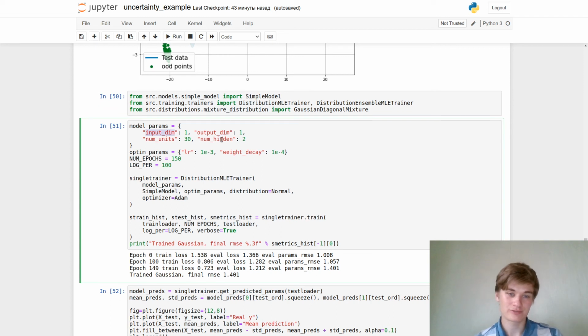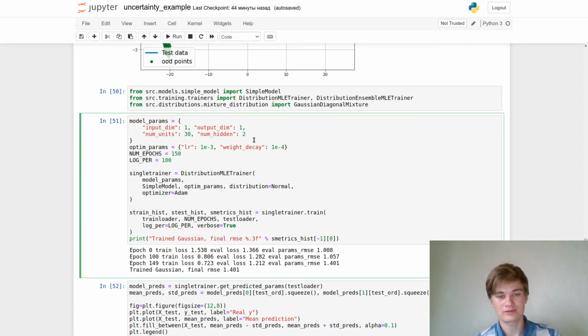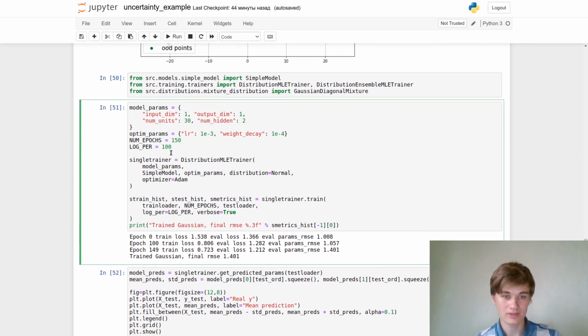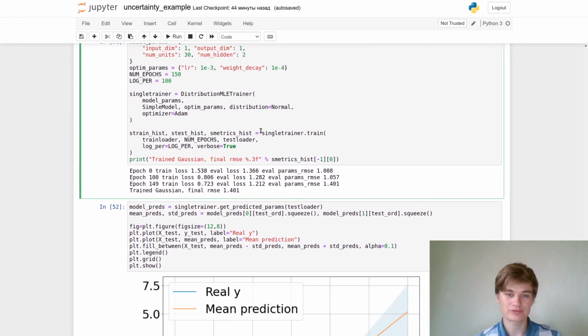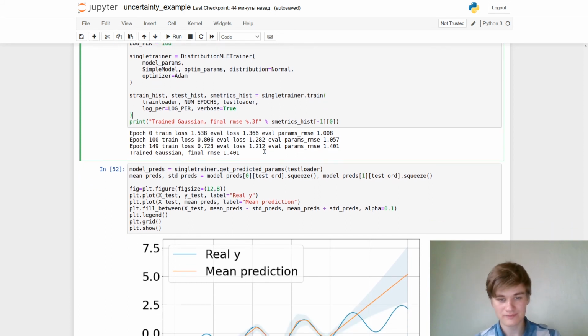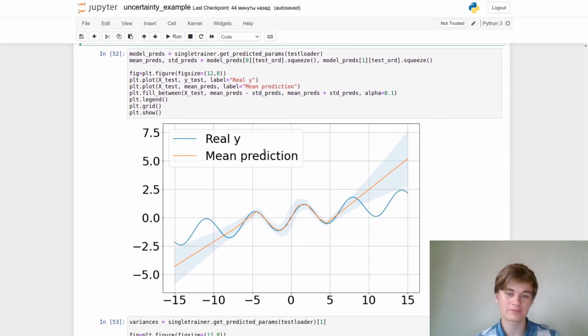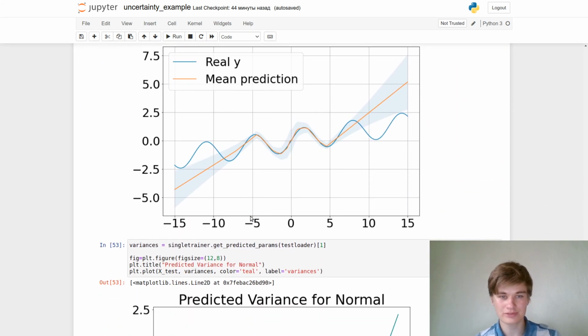Input dimension is 1 and output dimension is 1. We have 30 units inside our linear layers and 2 hidden layers. Yes, we create our distribution trainer and train it, and we end up with this image.